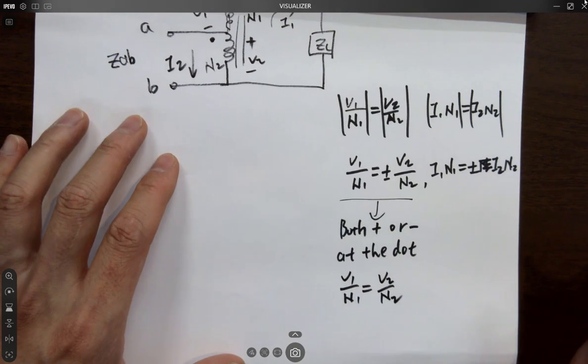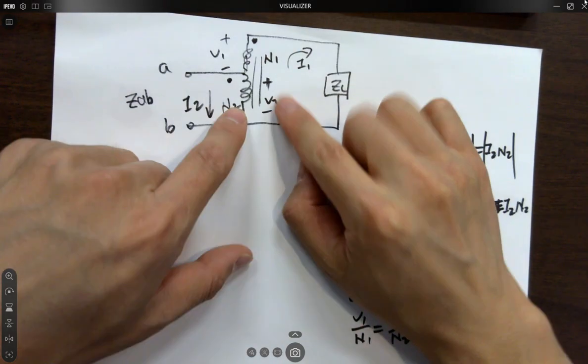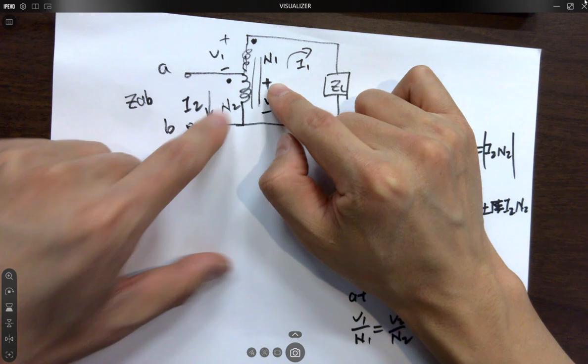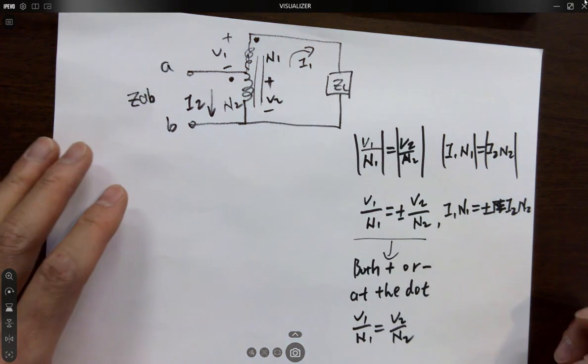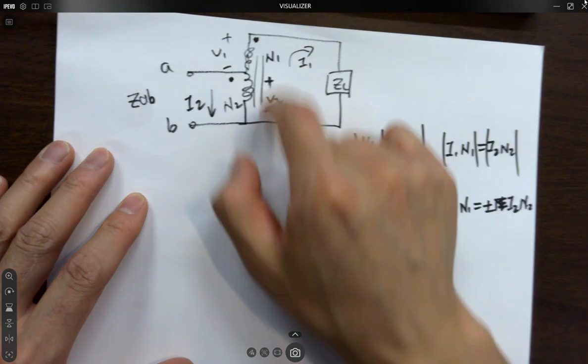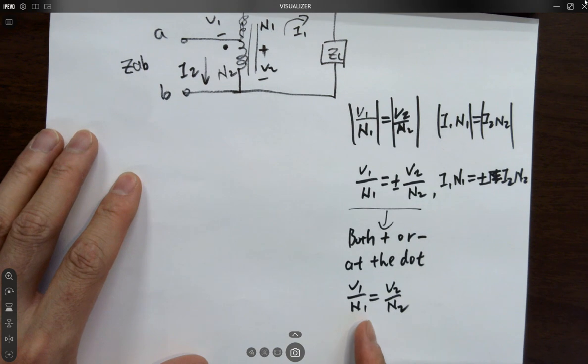Just make it short, okay? Let's see. Are V1 and V2 both positive or negative at the dot? Yes, it's both positive at the dot, right? So it should be this, no negative sign in front of it.